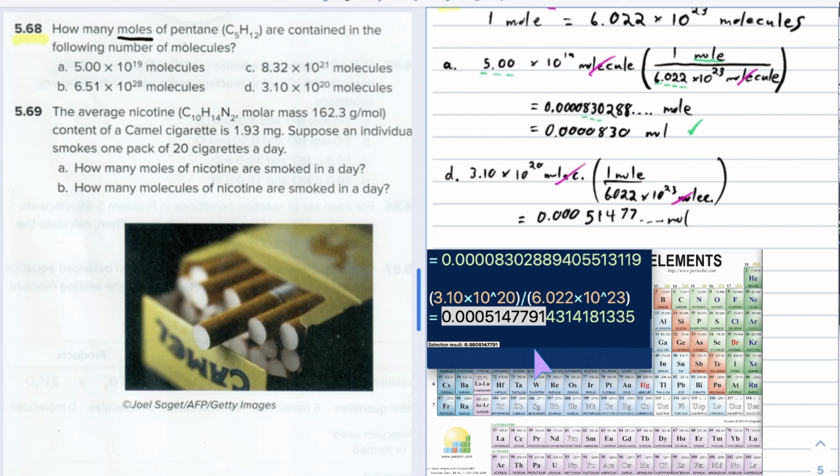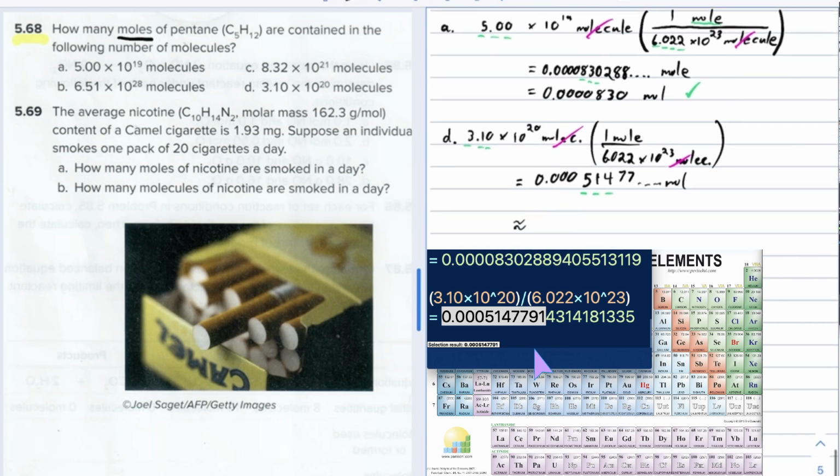And again, we're going to be left with 1, 2, 3 sig figs. This time it'll round up because of the 7 here. So, 0.000515 moles.